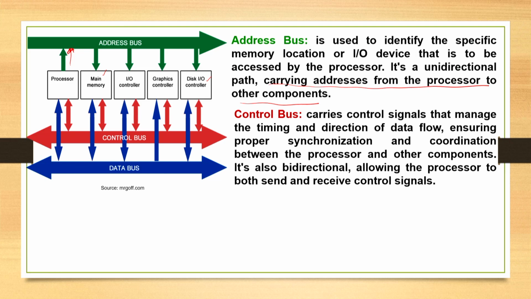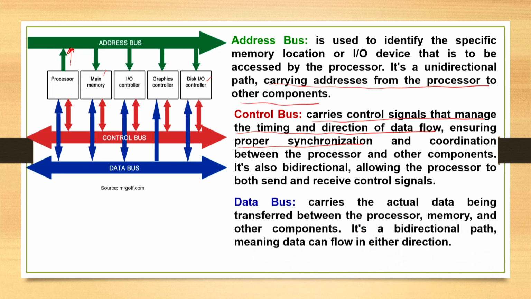So what is it controlling? It carries control signals that manage the timings and direction of data flow, required for proper synchronization and coordination between the processor and other components. It's also bidirectional, allowing the processor to both send and receive control signals.